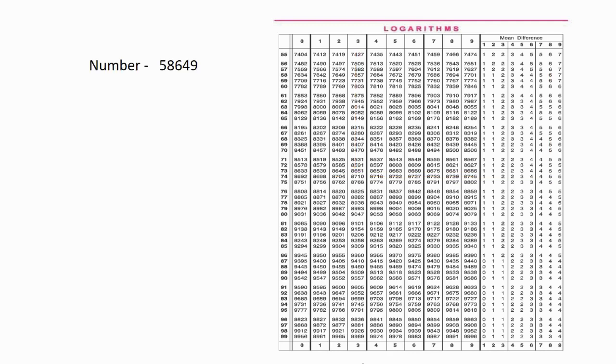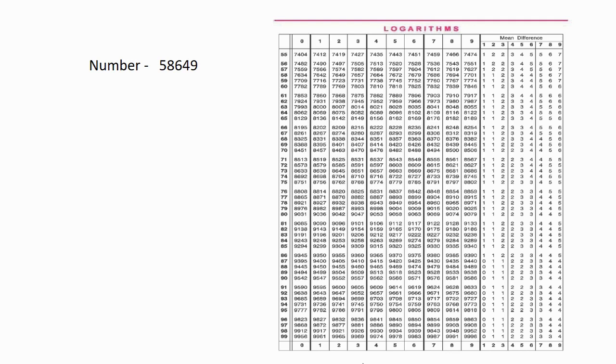Now the number 55,865. Now students, remember that there is a limitation to the use of the logarithm table. The logarithm table can give you the log value up to 4 digits. Now the given number is a 5-digit number, but we can find an approximate value.